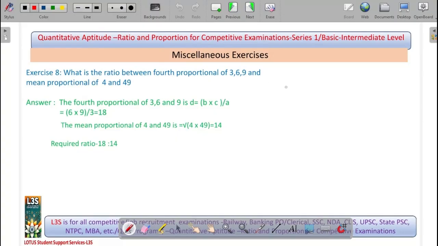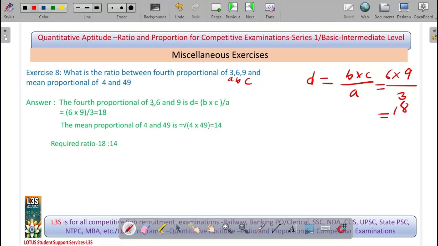If we know A, B, C, then D, the fourth proportional, is equal to B into C by A. Here this is A, this is B, this is C. So what is B? 6. And what is C? 9. What is A? 3. So D is equal to 18.